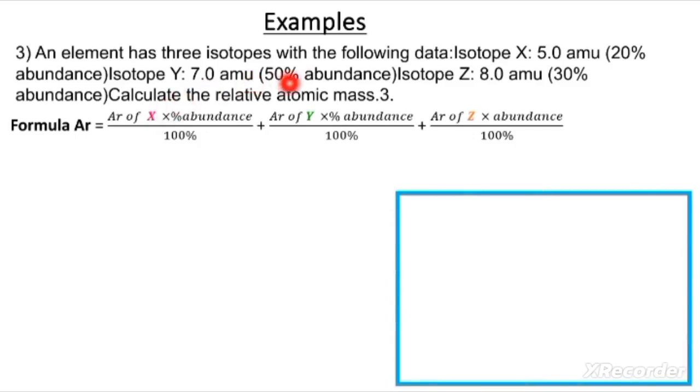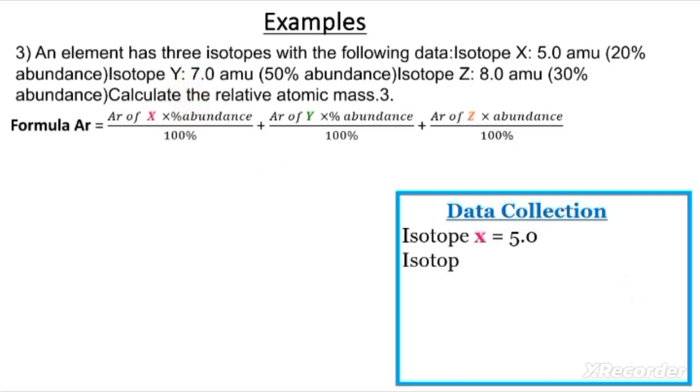The atomic mass of X is 5.0. The atomic mass of Y is 7.0. The atomic mass of Z is 8.0.